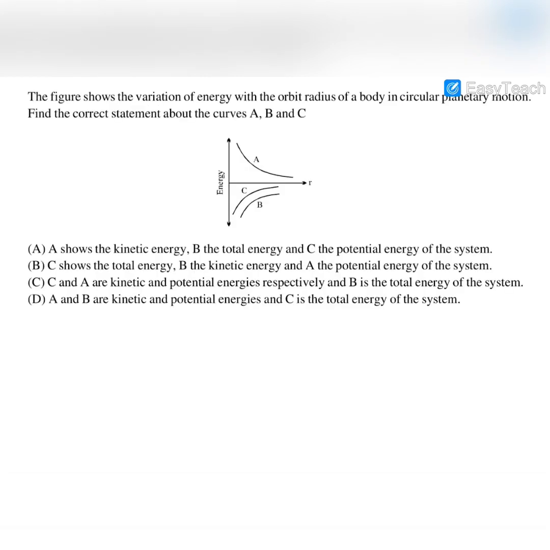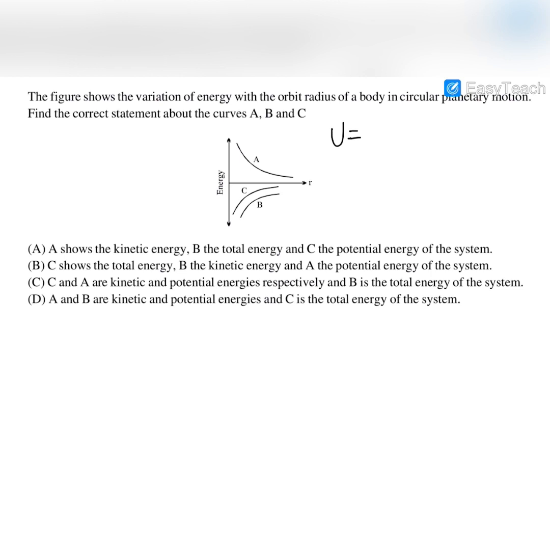In this problem, you can see a graph between the energy of a satellite and the distance r from the center of Earth in a circular planetary motion. We have to find the correct statement about these three curves A, B and C. First, we can write down the formulas.